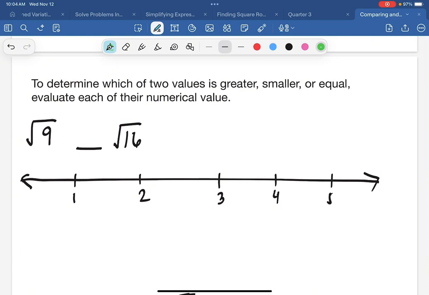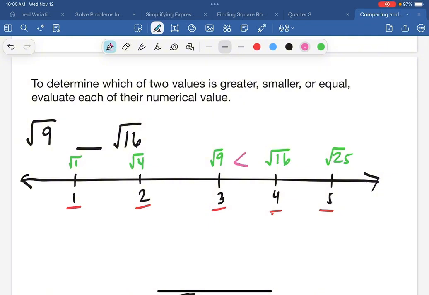We know for a fact that the square root of 1 is 1, the square root of 4 is 2, the square root of 9 is 3, the square root of 16 is 4, and the square root of 25 is 5.